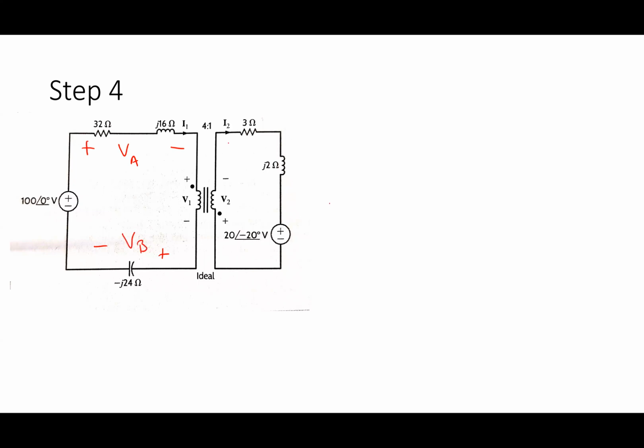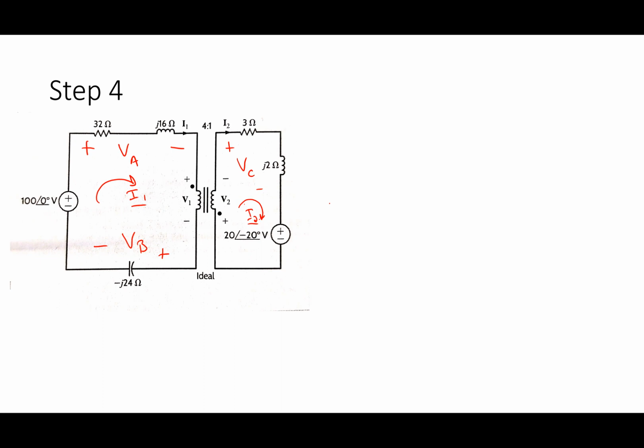And I've got a voltage across the series combination of the 3 plus J2 that I'm going to call V sub C. I've defined that I1 is going this direction, and that I2 is going that direction. So I'm going to treat this like it's a regular mesh problem.